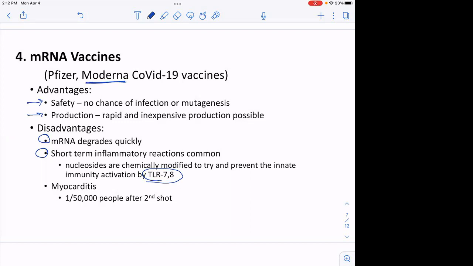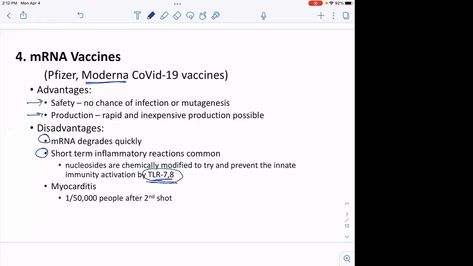So when the phagocytic cell phagocytizes it, TLR 7 and 8 are expressed in the endosome and recognize the insides of pathogens. Once they recognize that, they activate lots of aspects of our innate immunity, and one of those is inflammation. So if we can hide that messenger RNA from our toll-like receptors, we found that's been helpful.